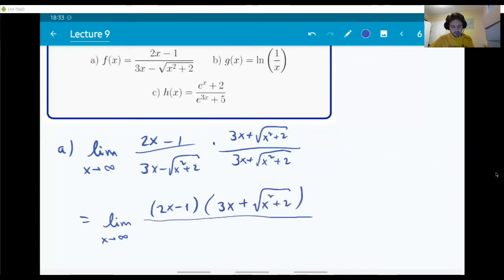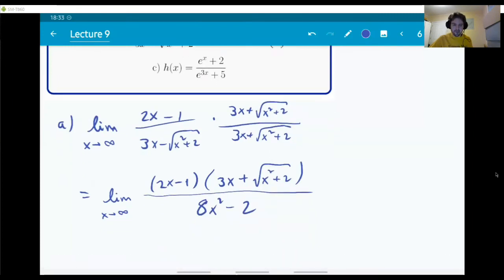The difference of the squares will be 9x squared minus x squared plus 2, which simplifies down to just 8x squared minus 2. Let me erase this and write the simplified version. 8x squared minus 2.